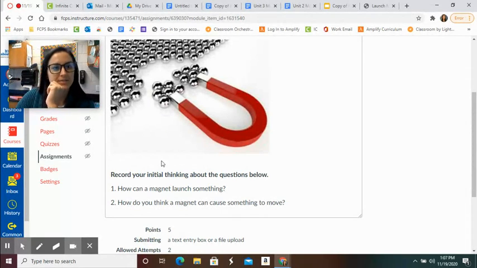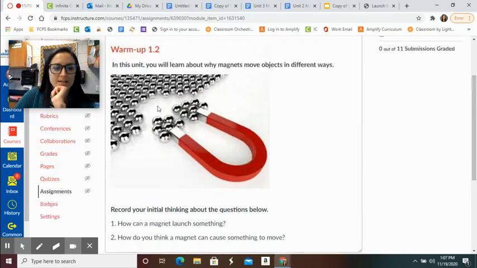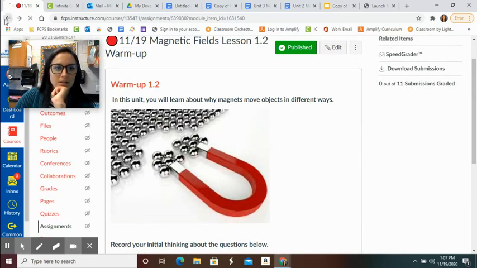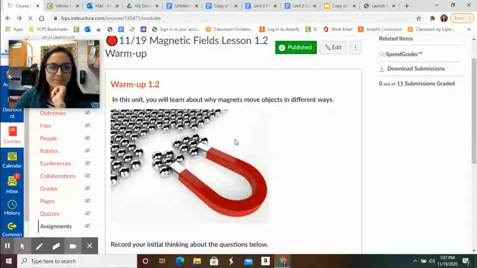And I think that they use the word launch because it relates with the scenario that we are using for this unit, which I will show you in a second. And then the second one is, how do you think a magnet can cause something to move? And so those are the two questions for the warm-up.